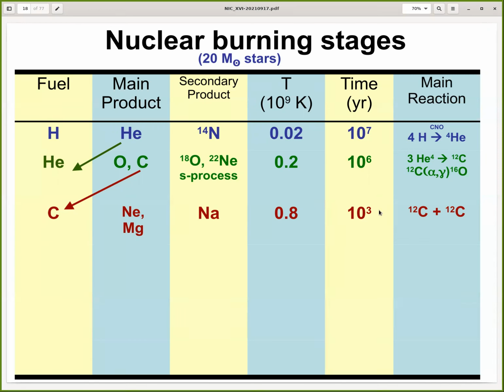So it only lasts about a few hundred to maybe 1,000 years. The main reaction is carbon-12 plus carbon-12 coming together. So that seems quite a remarkable change. Does it really release 1,000 times less energy? Well, we will see that in one or two slides. What's the reason for that?